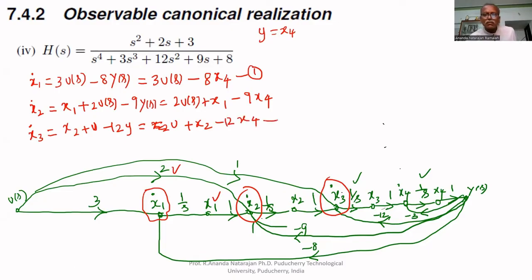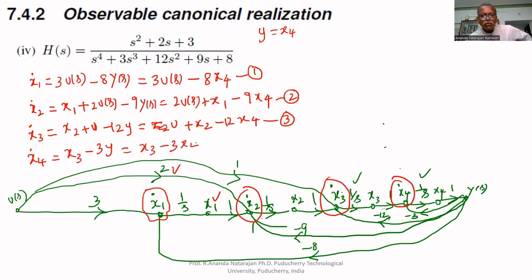This is third equation. The fourth one is x4 dot. X4 dot equal to only two inputs. One is x3, another one is 3 times y, that is equal to x3 minus 3 x4. This is fourth equation. Now we can put all these together and we can write the state model.